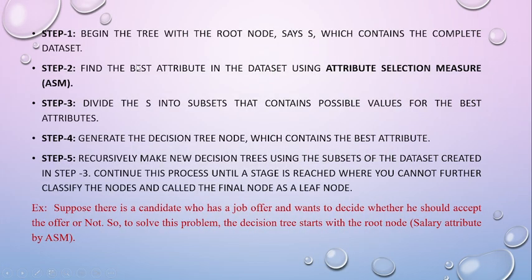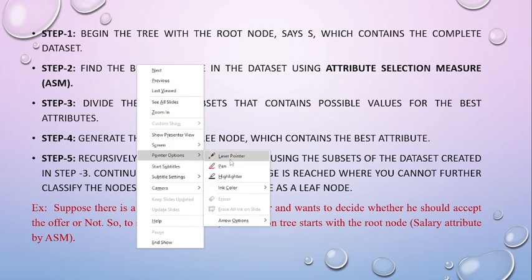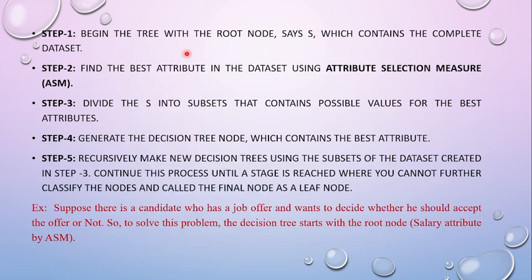So how can we work with a decision tree? If you want to understand this decision tree algorithm, I'm going to use this one. We begin the tree with the root node, let's call it S, which contains the complete data set, and find the best attribute in the data set using an attribute selection measure.